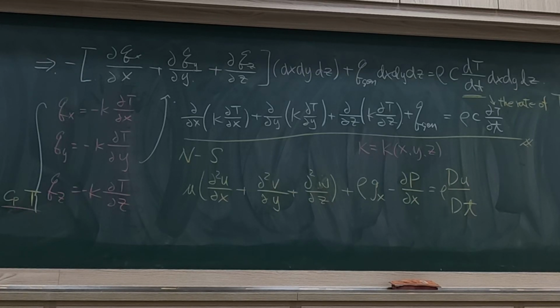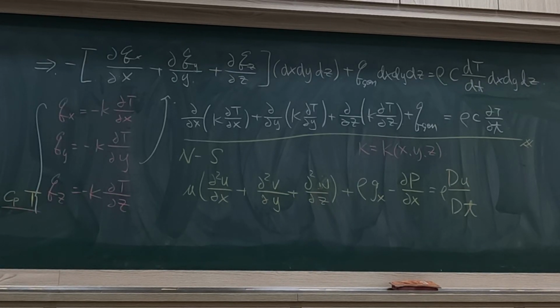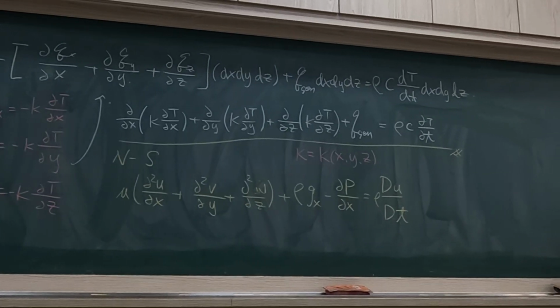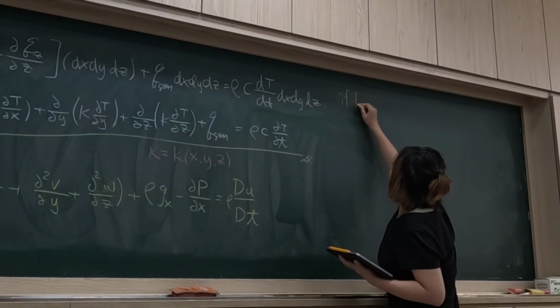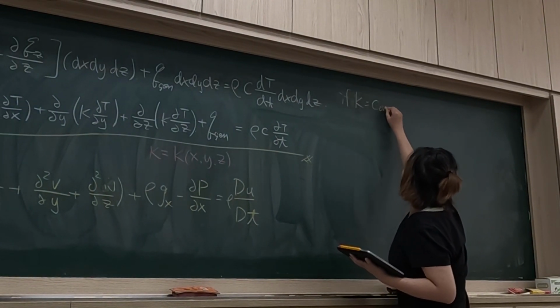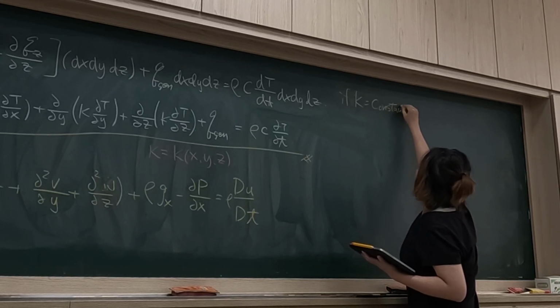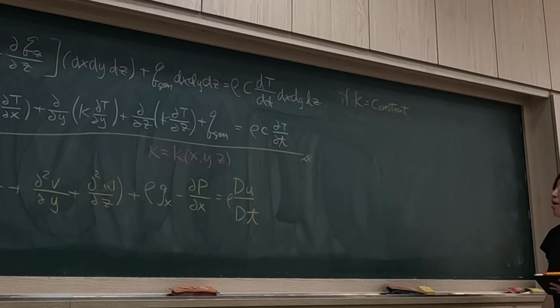So if life is easier, let's make it slightly simpler. For example, the first simplification: if k is constant.